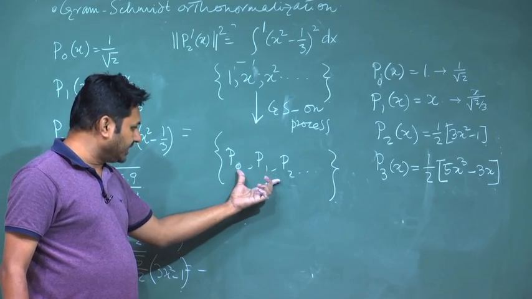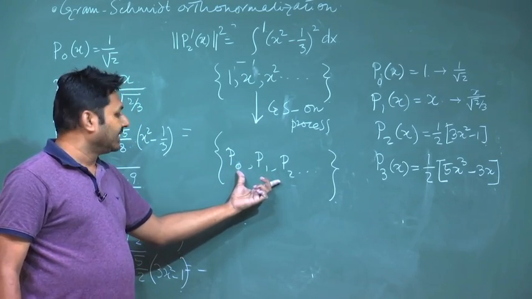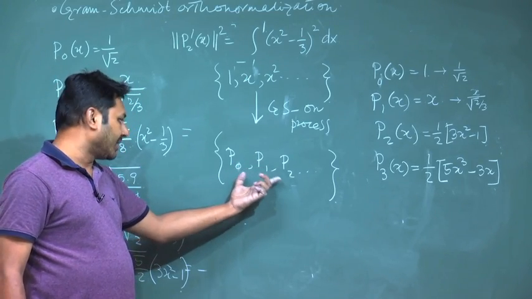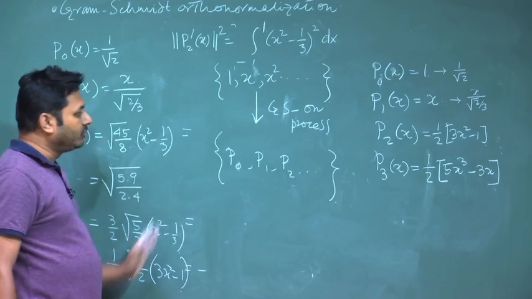If they are orthogonal to each other and normalized, then we can say that these can be used as a potential basis, and this is the value we have calculated.